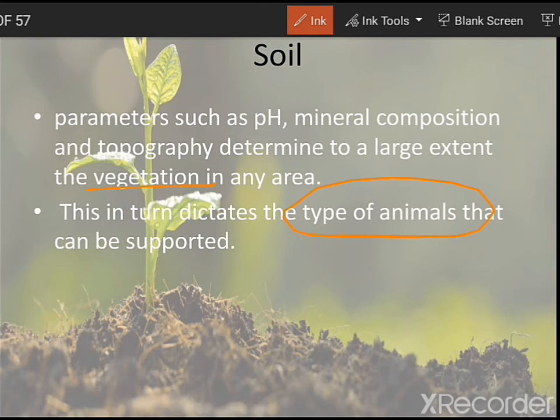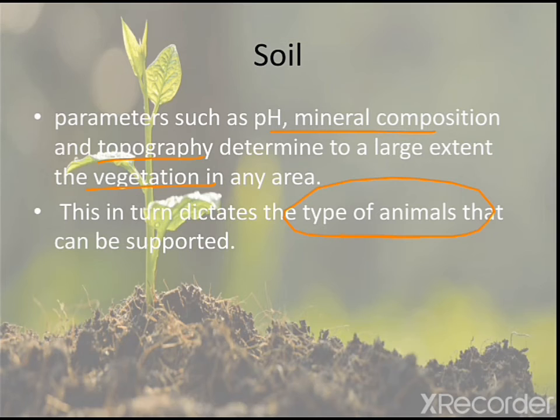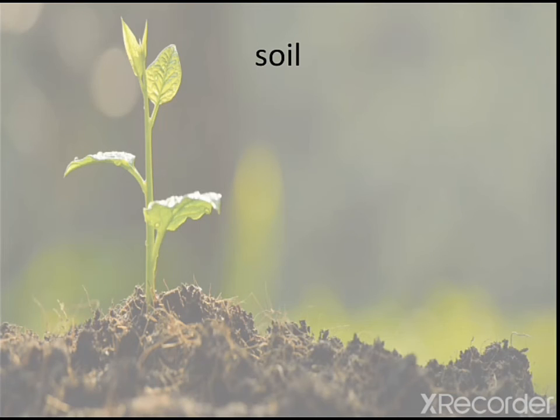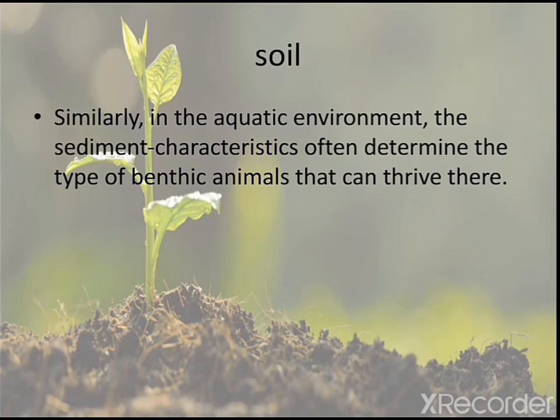So the pH, mineral composition and the topography help in determining the types of plants which are present in that particular area, and the types of plants which are present in that area reflect on the types of animals that are present in that particular habitat. So soil is extremely important not only for plants but also for the animals who depend on the plants.